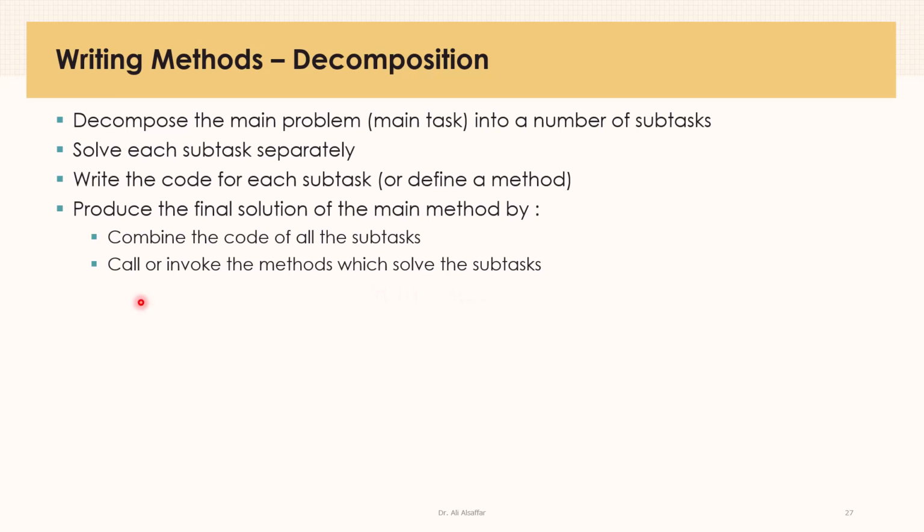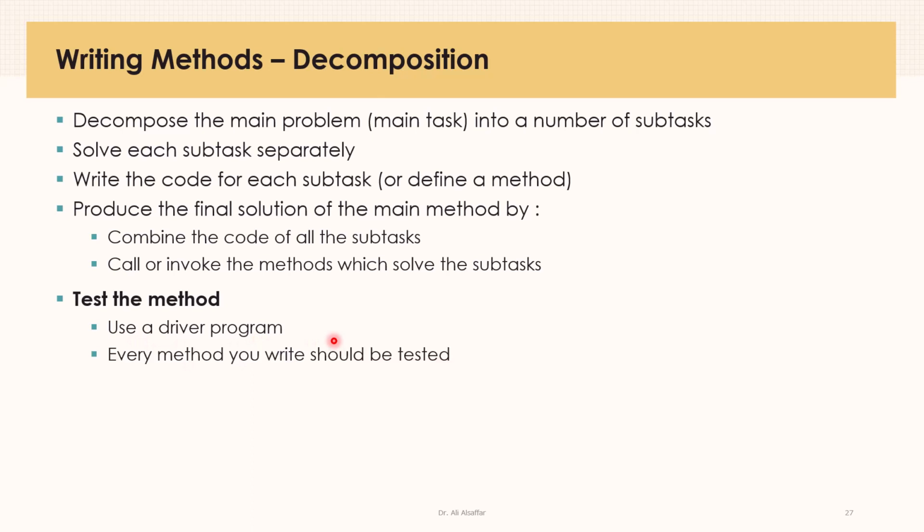After writing the methods for each subtask, we need to test that each of these methods is free of bugs and is correctly solving the subtask problem. This can be achieved by using a smaller program that is called a driver program. If we have more than one method, then we have to test each method separately.